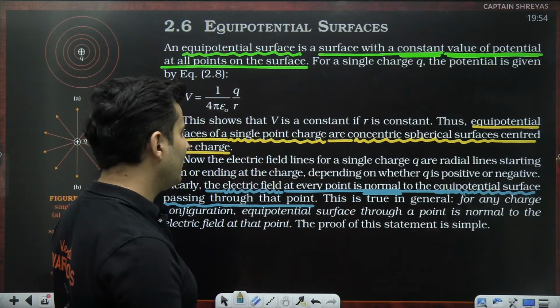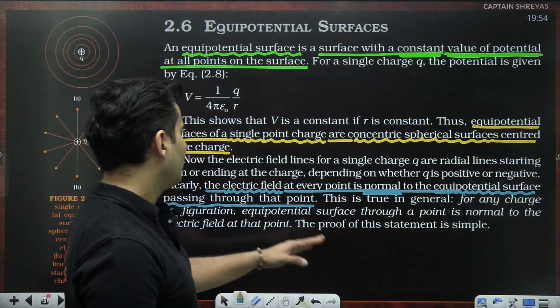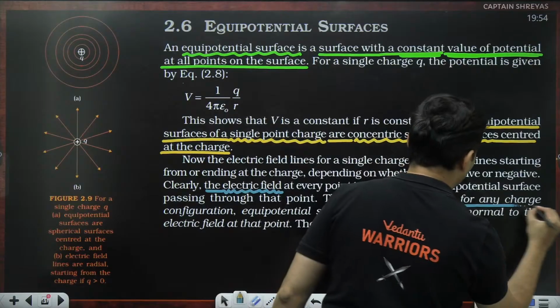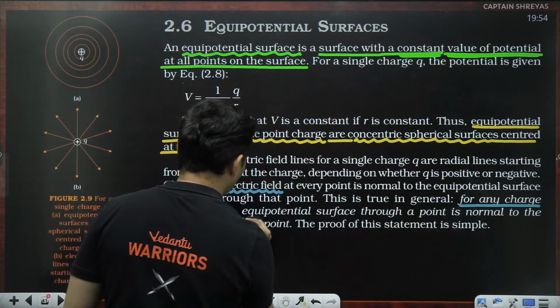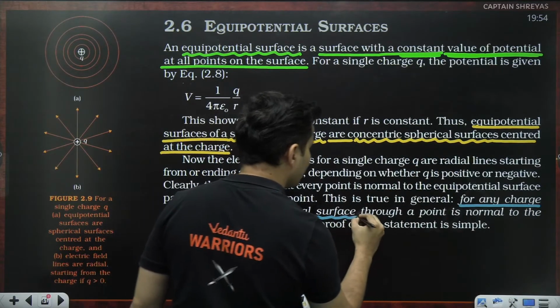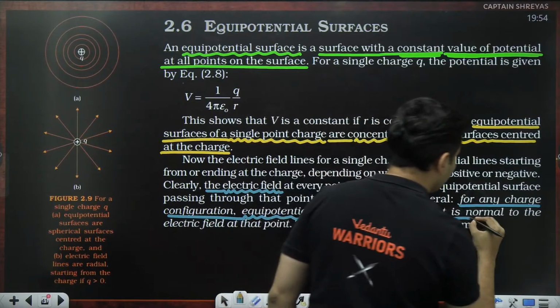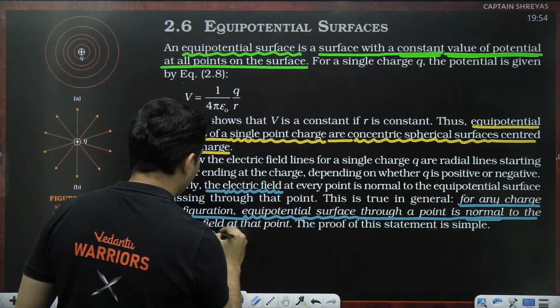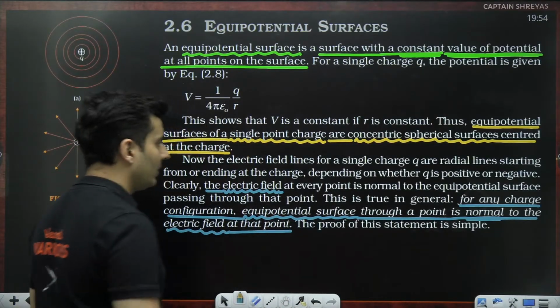This is true in general for any point. In fact, it is always going to be true. So for any charge configuration, the equipotential surface through a point is normal, meaning perpendicular to the electric field at that particular point.